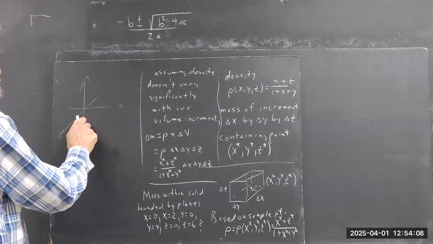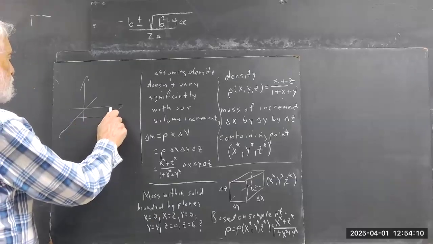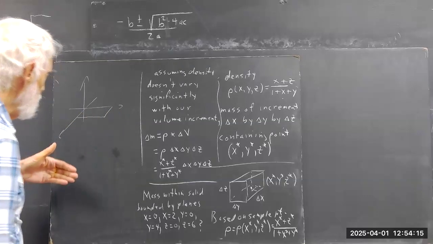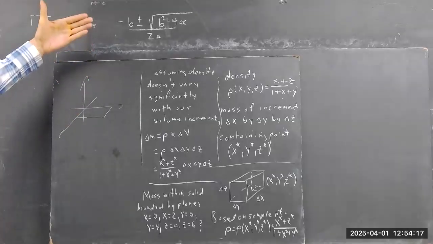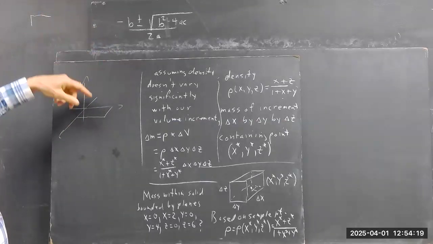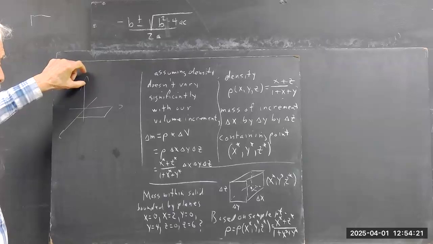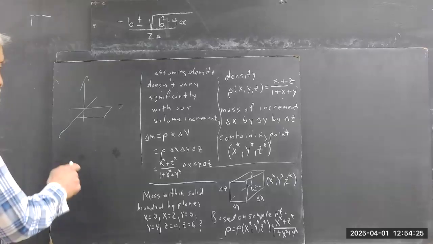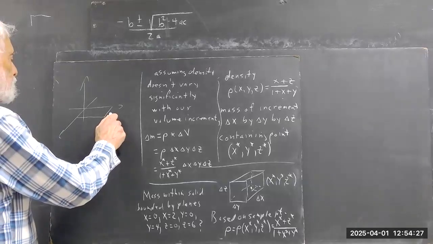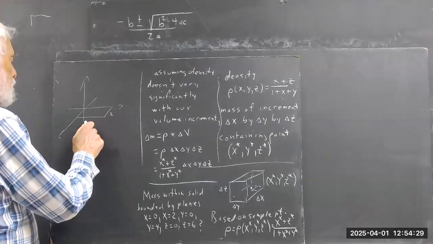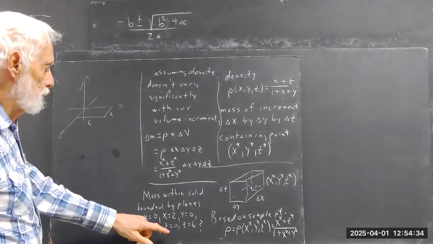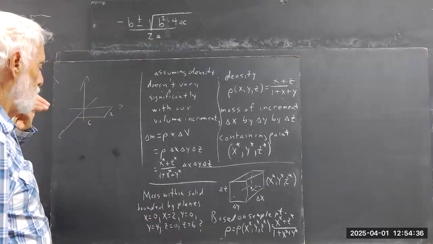Let's see, x goes out to 2, y goes out to 6. So the x equals 0 plane is the YZ plane. The x equals 2 plane is parallel to the YZ plane, 2 units in front of it. So we've got dimension 2 here. We got dimension 6 here. And then this goes from z equals 0. Oh, wait a minute.